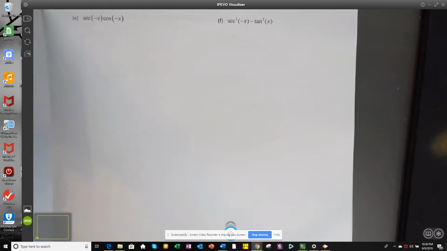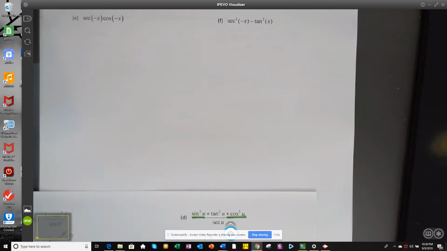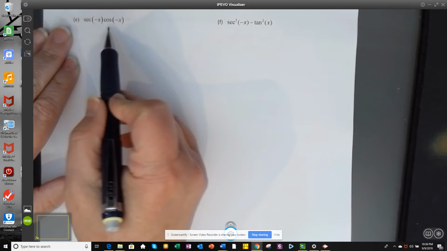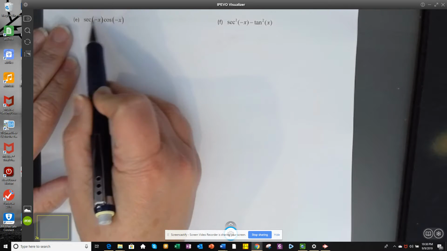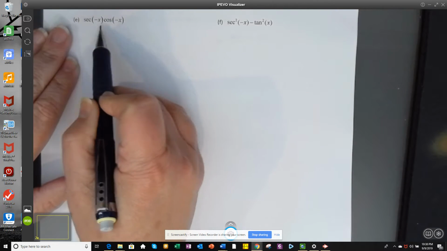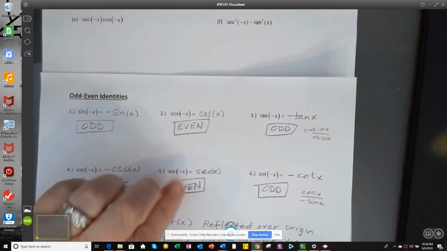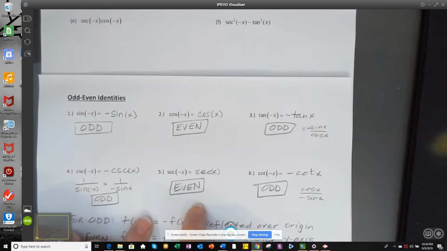All right, let's do another one. Now, visually, I'm looking at these two and thinking this might have something to do with even and oddness because I have a negative x in here. Well, recall, cosine is an even function and so is secant.